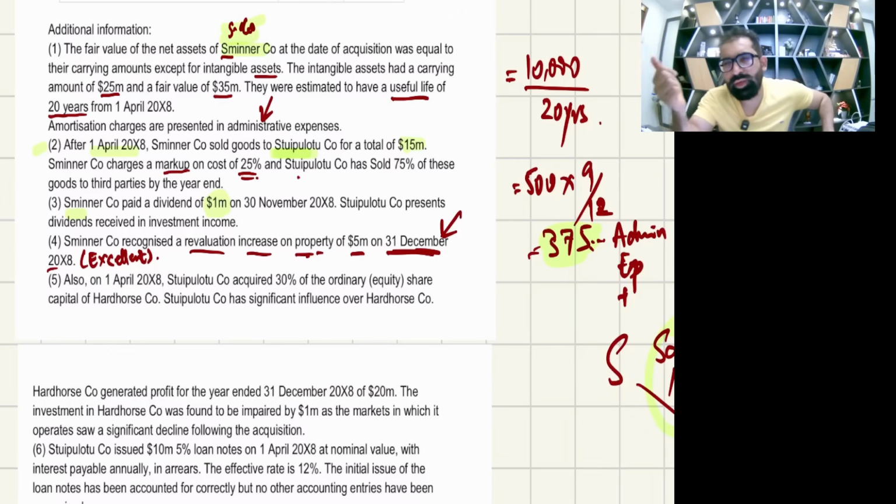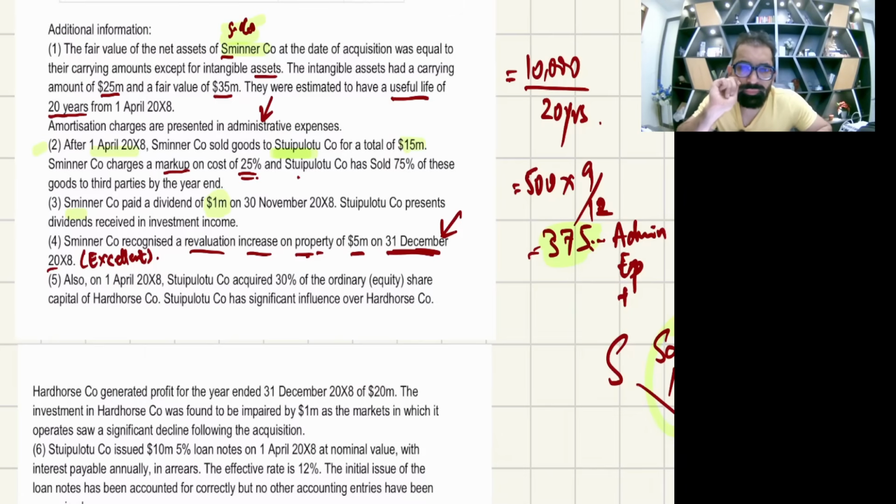You guys know that in the NCI, because this is the subsidiary company's OCI. And this is a one-off event, so you don't need to apportion. It will go as it is, 5 million in the last 9 months.